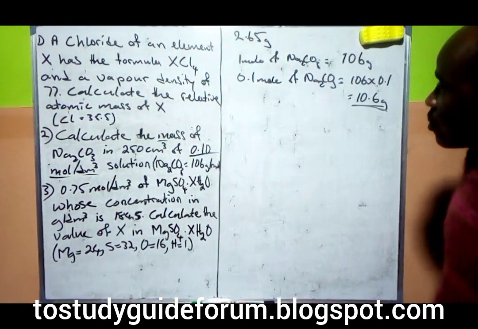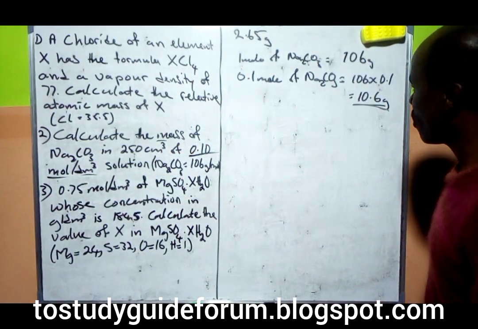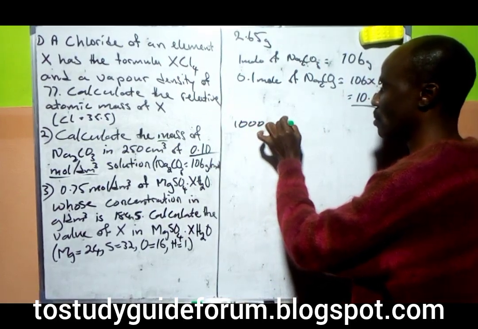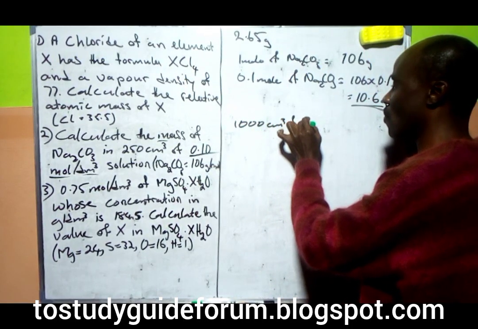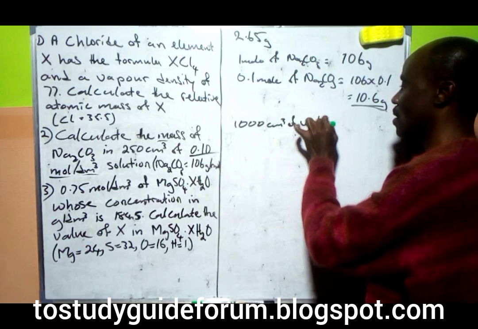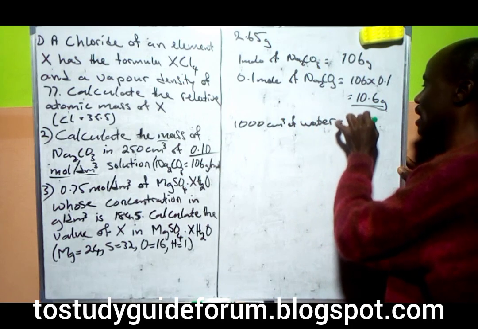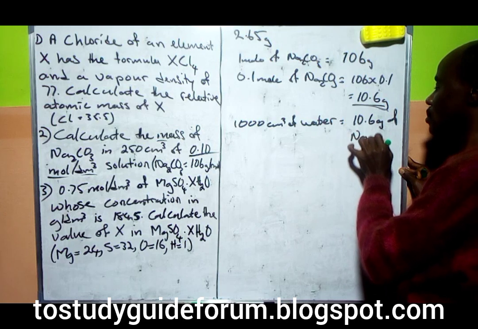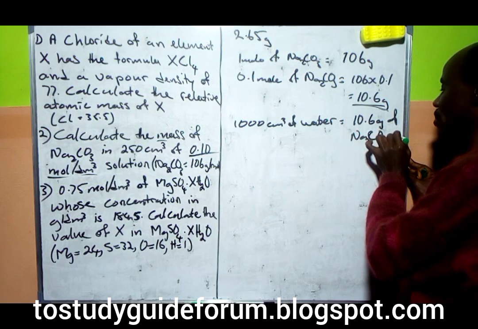So what next are we going to do? It means that 1000 cm cube of water contains 10.6 grams of sodium trioxocarbonate.